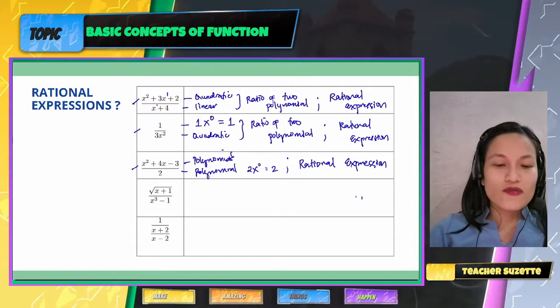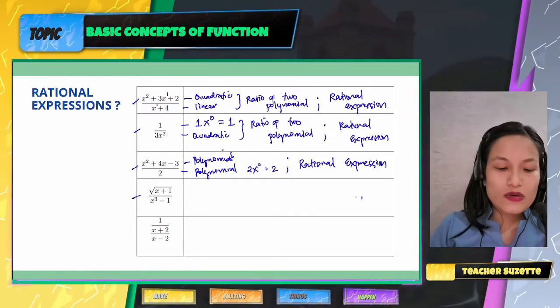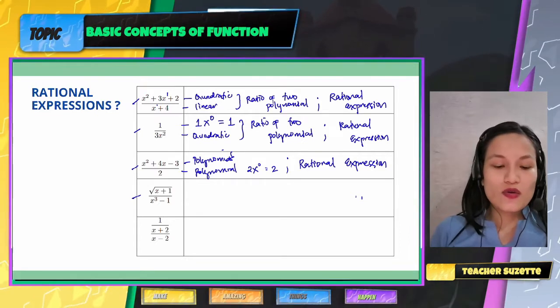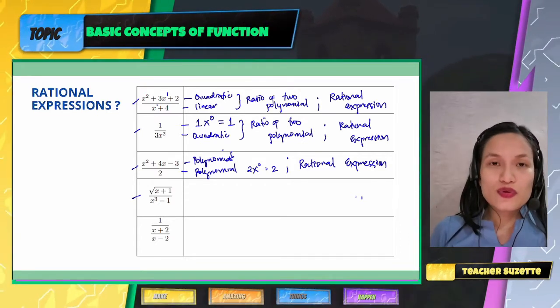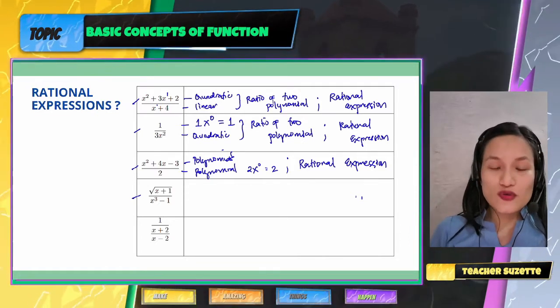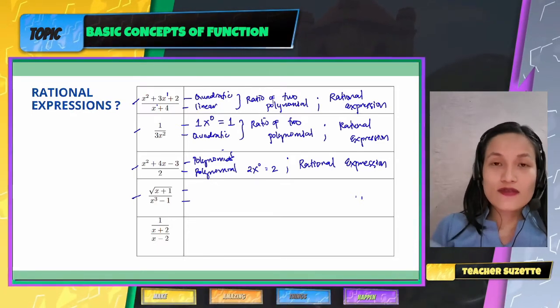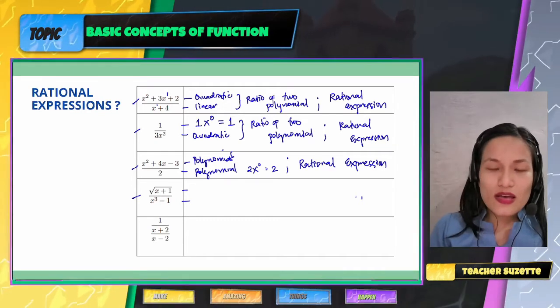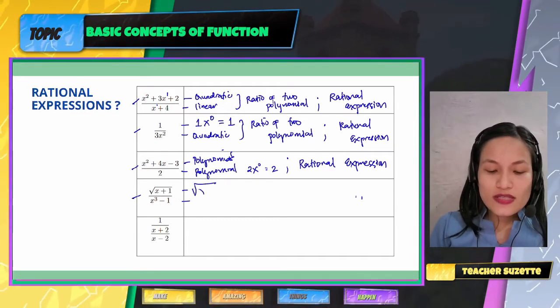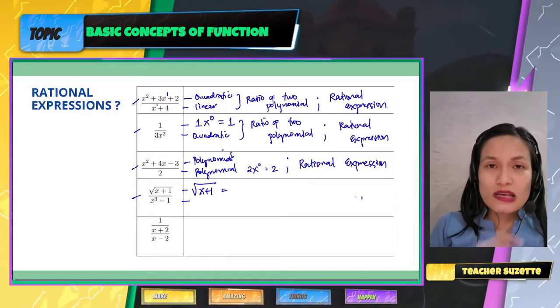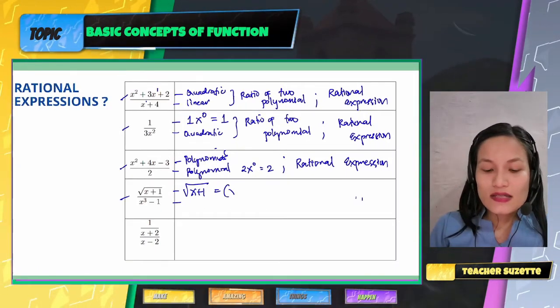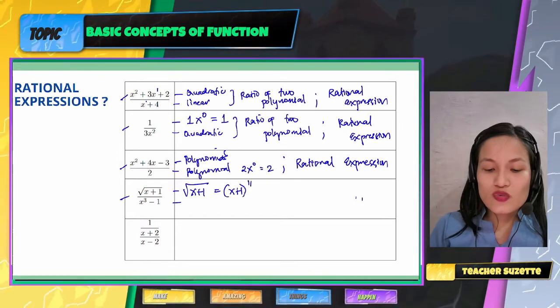Now, let's have the fourth expression, which is the square root of x plus 1 all over cube root of x raised to 3 minus 1. So, check natin if the numerator and denominators are polynomials. So, numerator muna. When you say the square root of x plus 1, you can express this square root as x plus 1 raised to 1 half.